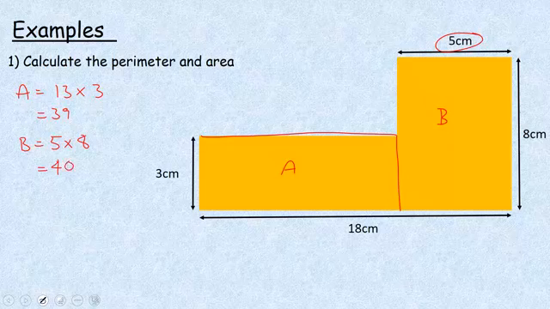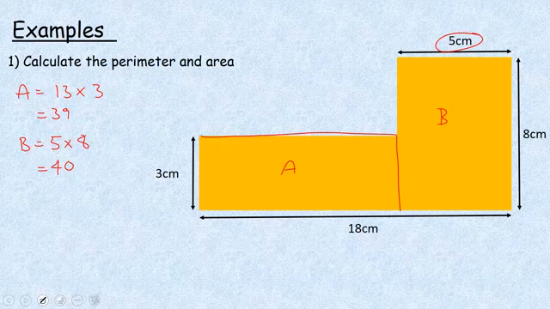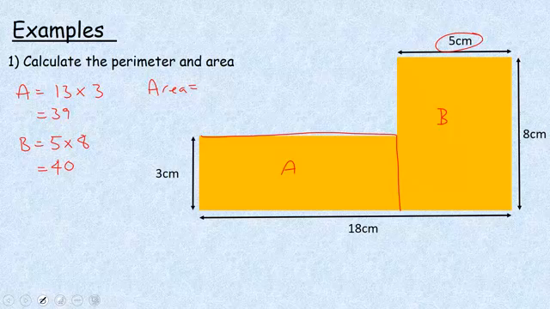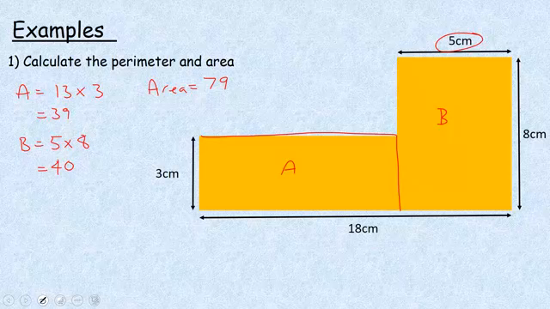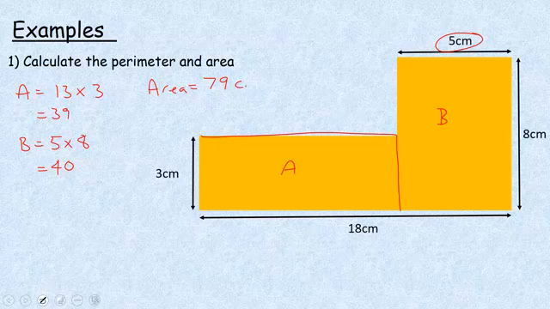So the total area, all we do is just add those two together. So our area is 39 and 40, which is 79. And then if we look at the question, we've got lengths in centimeters, so the area must be centimeters squared.